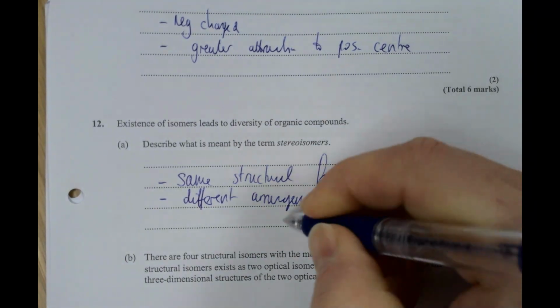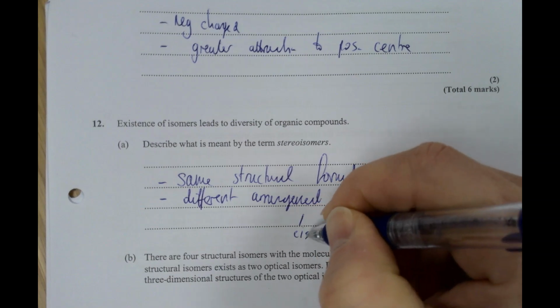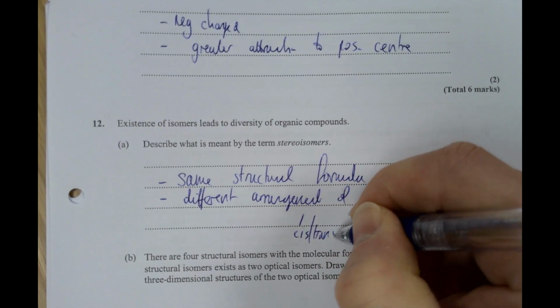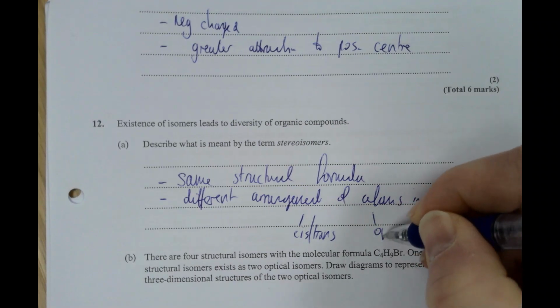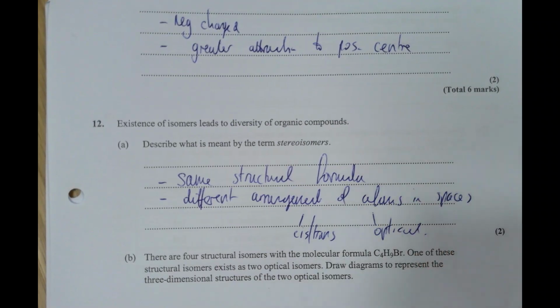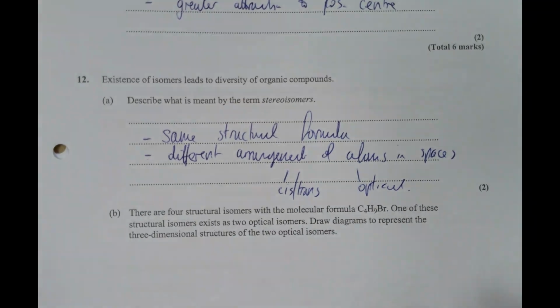What that means, what I was referring to, is either cis-trans or it's referring to optical isomers. There's 2 forms of stereoisomers that you've been made aware of.